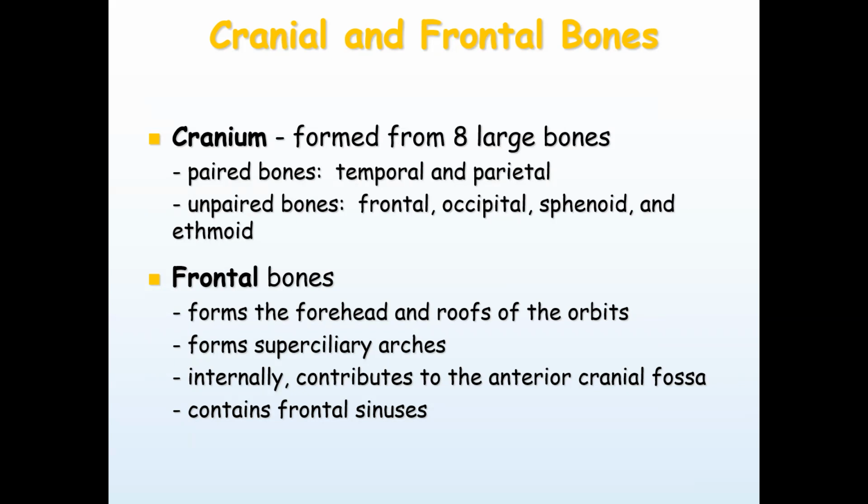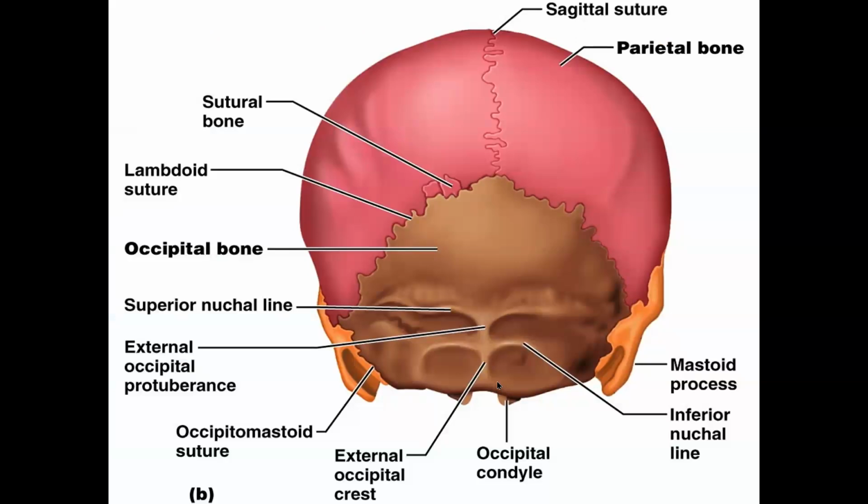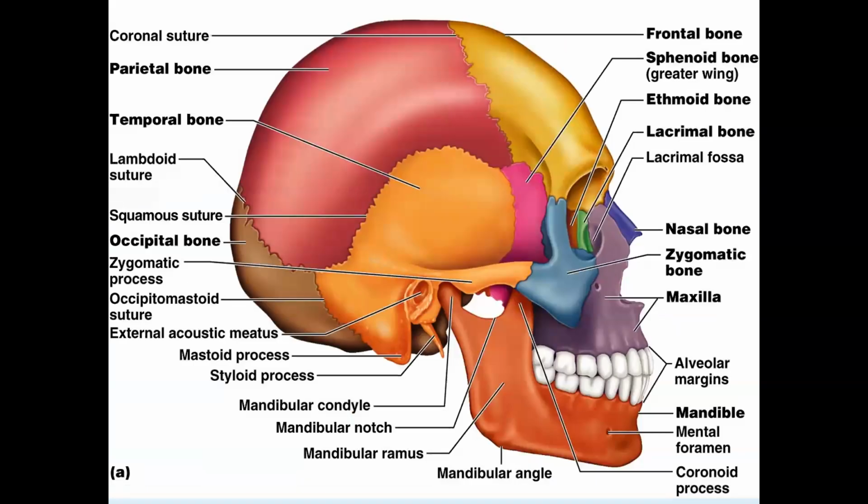Note here that the temporal and parietal bones are paired. Now, these are bones you find at the side of the skull. So when we look at the lateral view here, I want you to look around for your temporal and your parietal bones. Temporal and parietal. Now note, the temporal bone is below the parietal bone, okay?